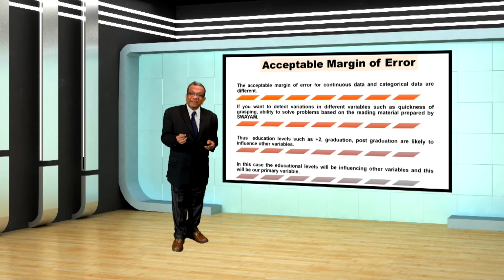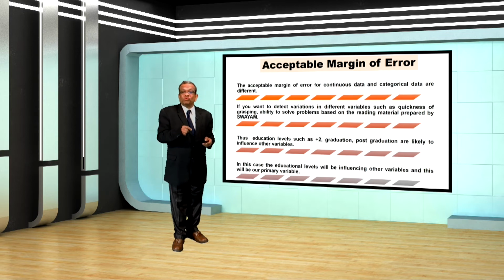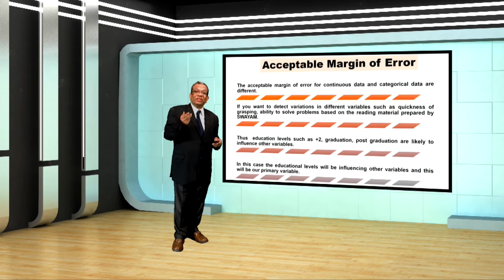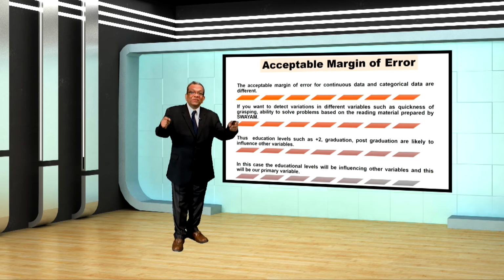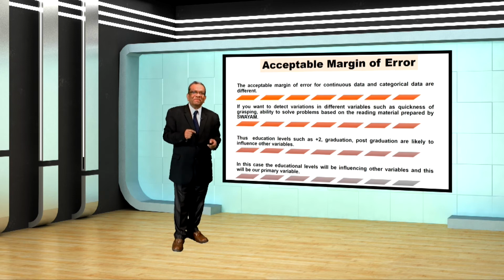I may hypothesize that plus-two, graduation, and post-graduation will have influence on the learning ability and other variables. In this case, education levels will be influencing other variables and this will be our primary variable.